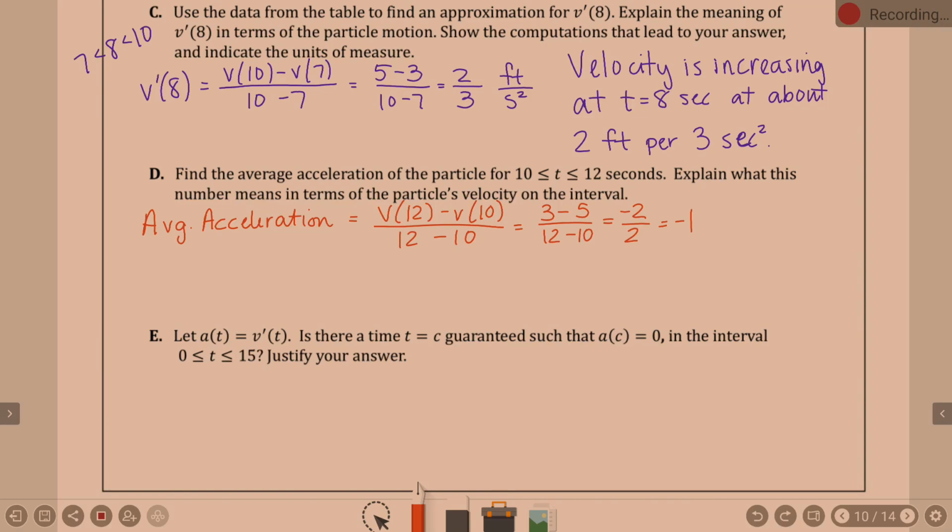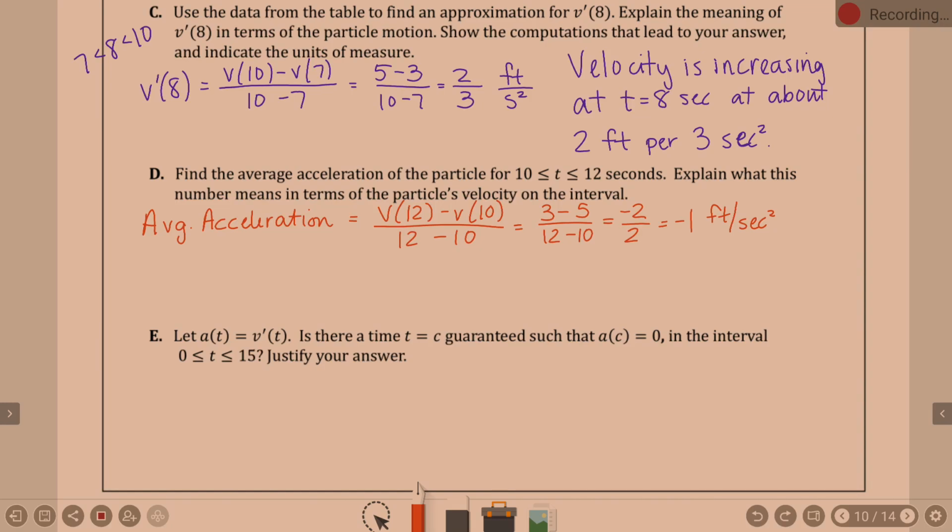Negative 2 over 2, which is negative 1 if I've done my math correctly. Negative 1 what? Oh, it's feet per second. Feet per second squared. Oh, yeah. Feet per second squared. Velocity is feet per second. So the derivative of velocity, or acceleration in any way, shape, or form, is feet per second squared. Okay?